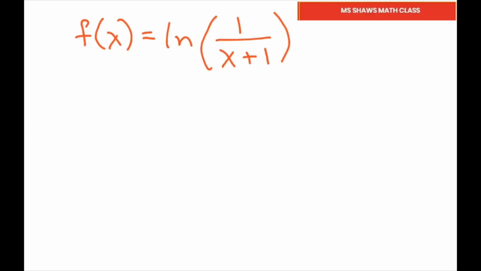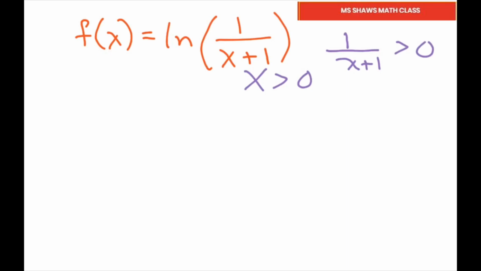So basically, this one's a little more complicated. For the domain, it requires that this big X is greater than 0. So that means 1 divided by x plus 1 has to be positive. All right?